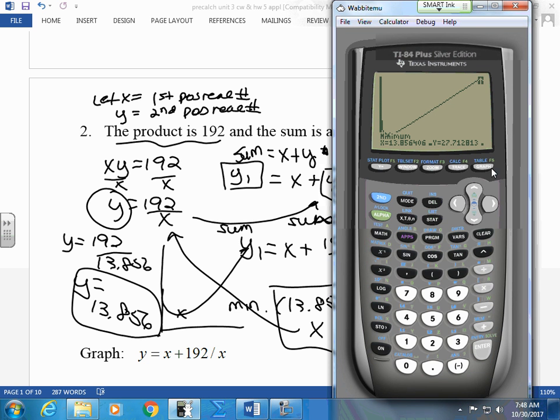If you go second table, I know I have a minimum here. So I'm going to start at my 0. I'm going to make it dip until it starts to come back up again. So watch. I noticed my highest was like 193. It's still dipping. I'm still dipping. Somewhere over here it started to increase again.